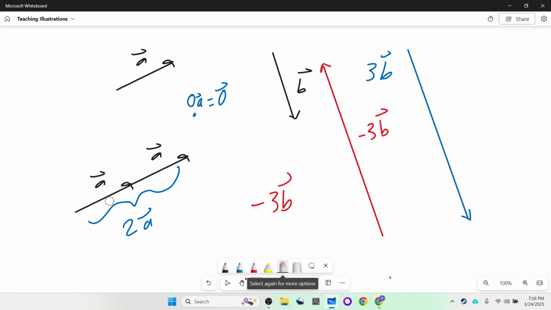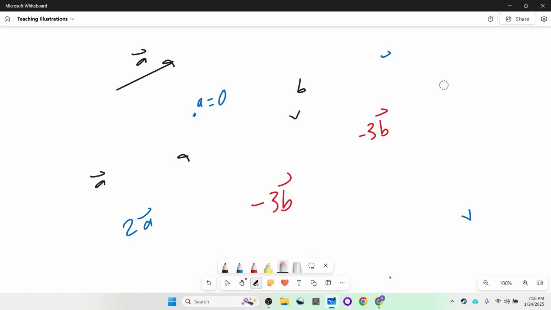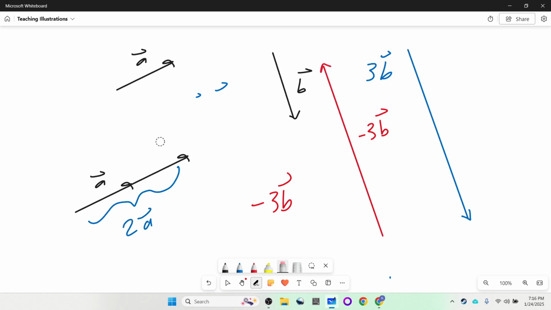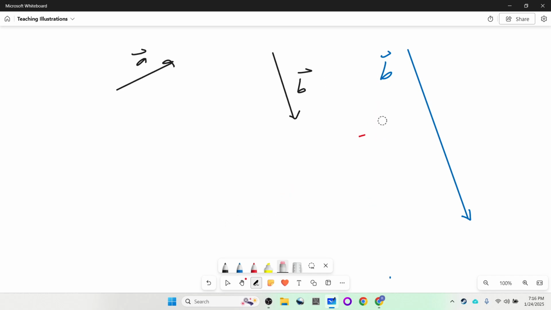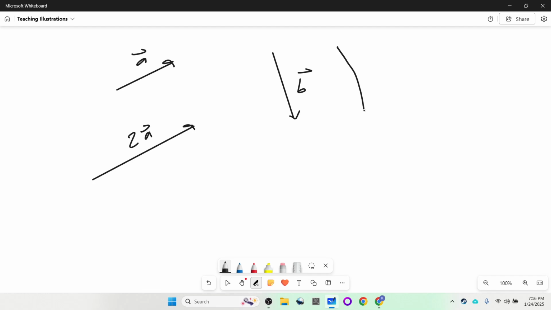I'm just going to erase this. It'll be easier. Okay. So, we have 2A and we have 3B. It's hard to draw this just right.